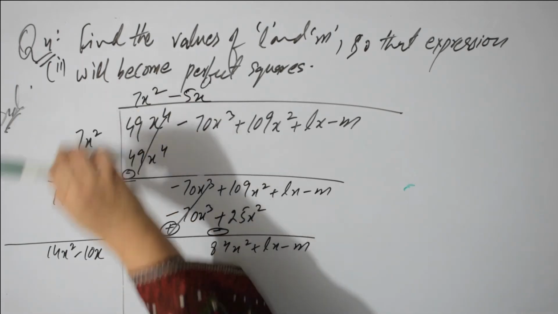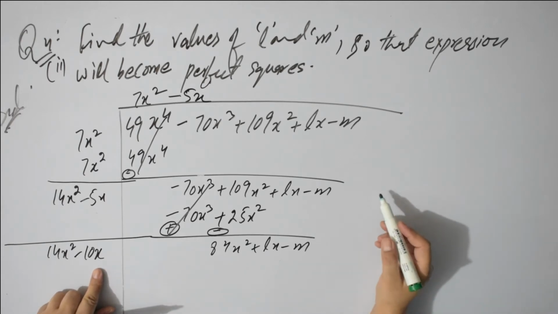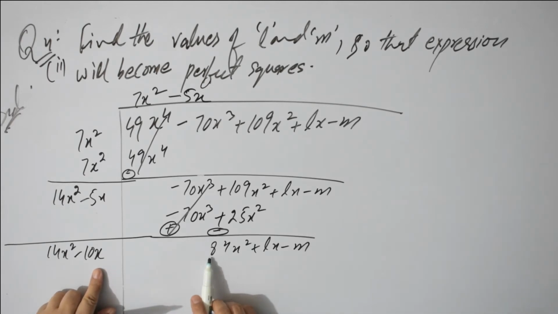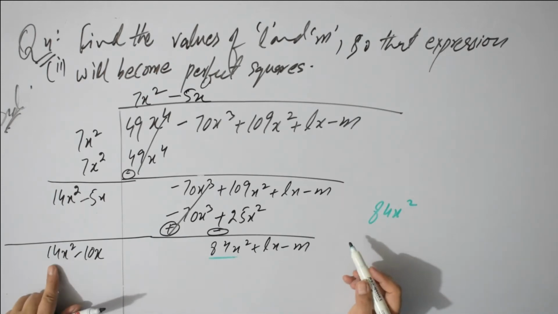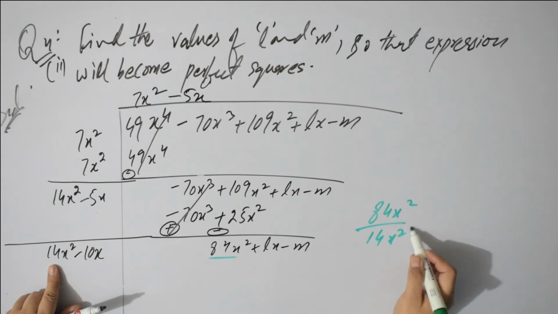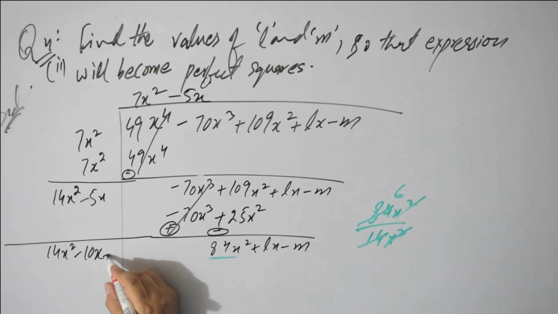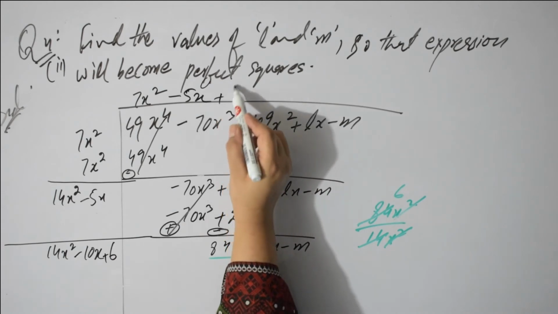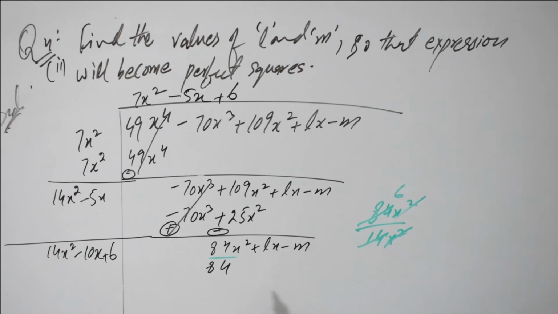Now again the turn of the next quotient. This first term you will divide, the first term 84x square, by what will we divide? By 14x square. They will cancel and 14, I think it's 6 times, 84, plus 6. So let's multiply.